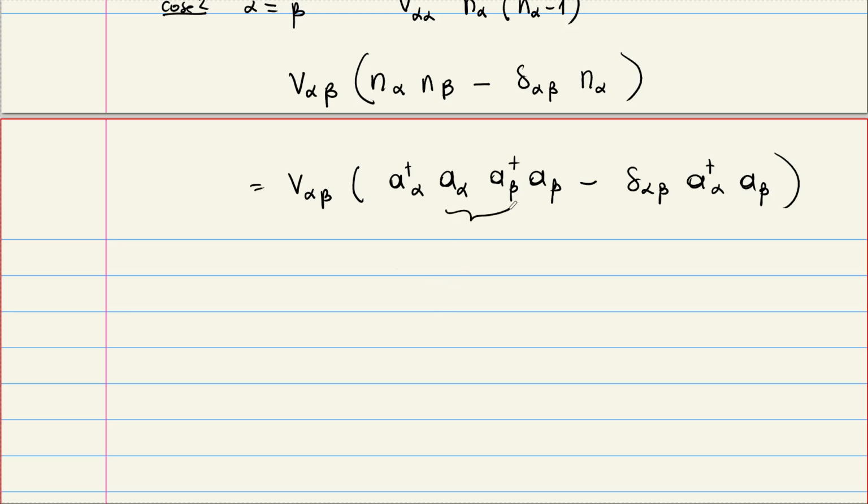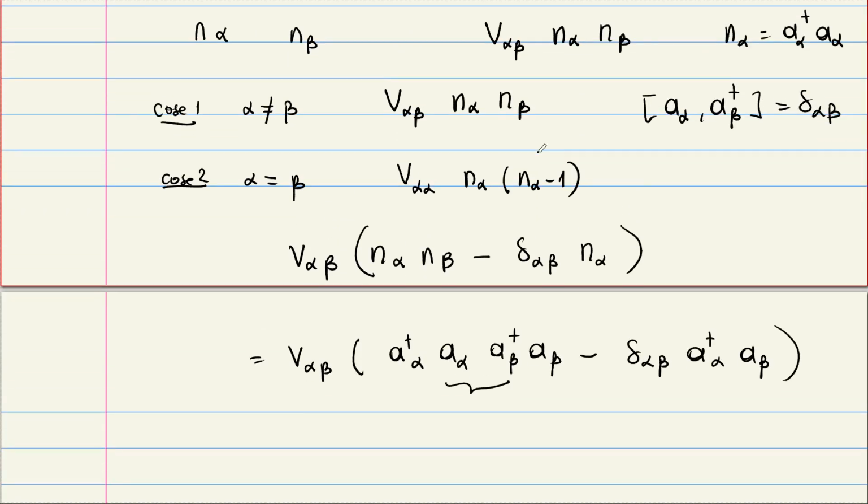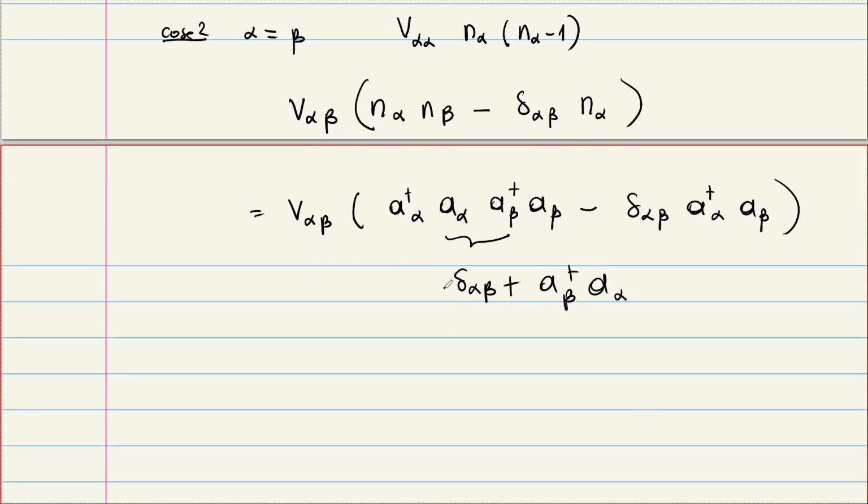To do that, I am going to just use the commutation relation, this one here, and I'll write this as delta alpha beta plus a_beta dagger a_alpha. And so you can see this term, plus V_alpha beta a_alpha dagger a_beta, is going to cancel this term, and what remains is V_alpha beta.